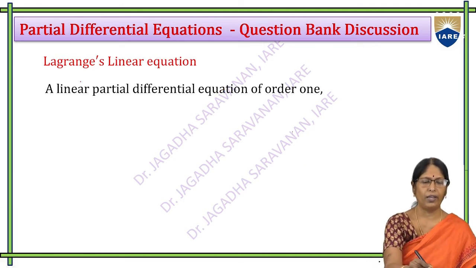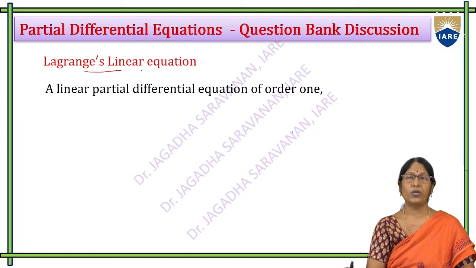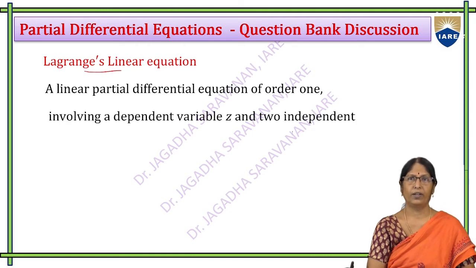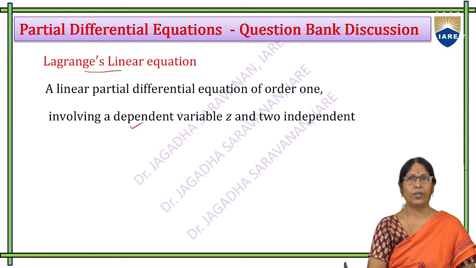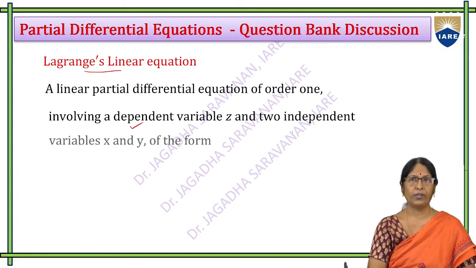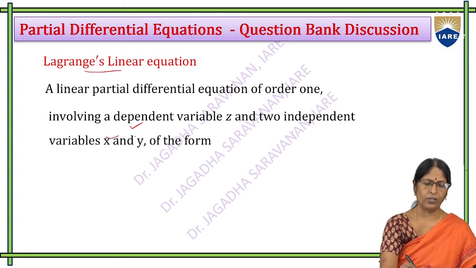Now specifically, what is written as Lagrange's linear equation is the one involving a dependent variable z and two independent variables x and y.